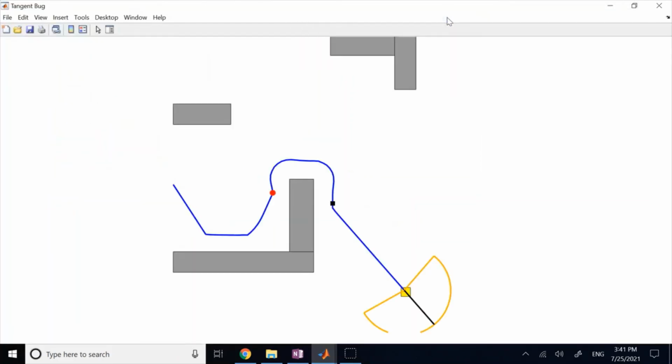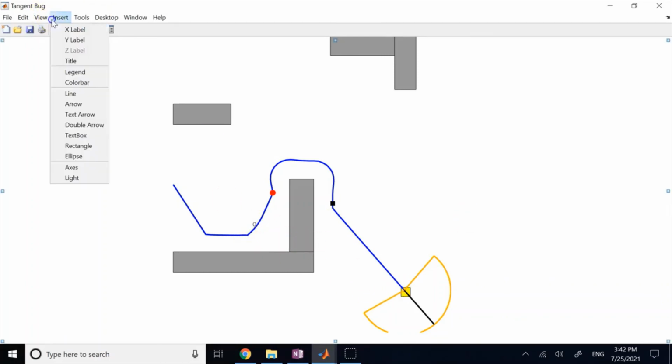So if I insert a bunch of points along this path, one of them was the closest ever to the goal, and that is probably, since we started from here, a point like this. A point like this was the closest point that you probably ever get to the goal.